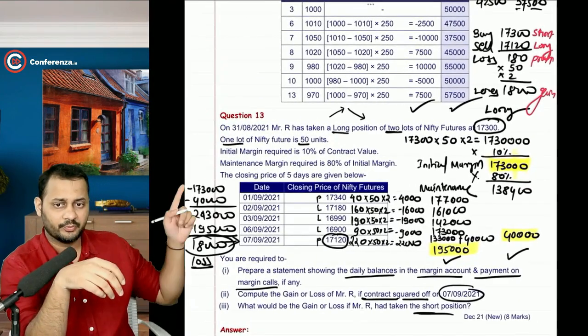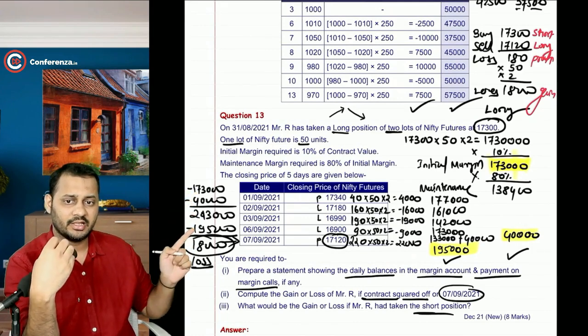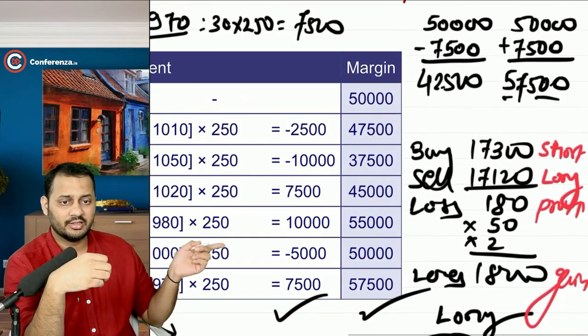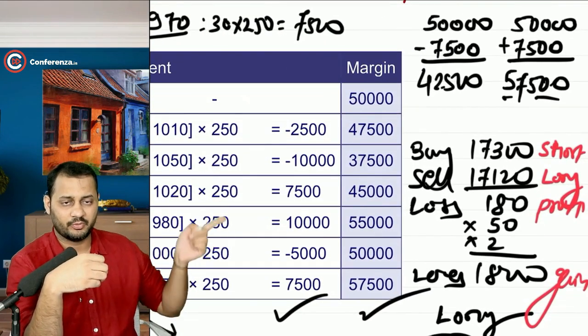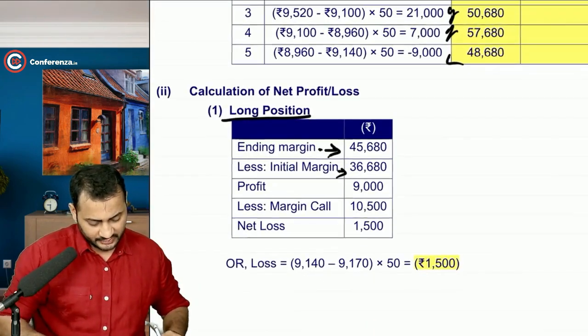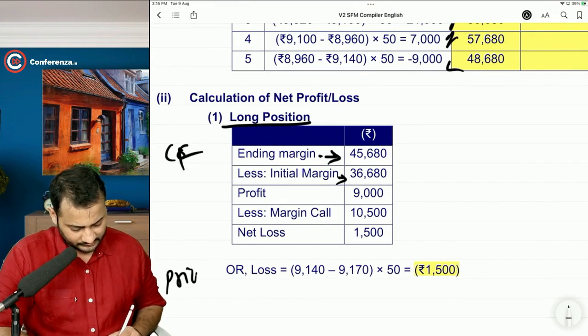See, I showed you the profit or loss first by taking the cash flows, that I paid this, and then I received this. So that is a loss. Or you can calculate the 18,000 rupees again by the pricing process. In a similar way, they have done the calculation in this case. See, this is a cash flow calculation and this is the pricing calculation.